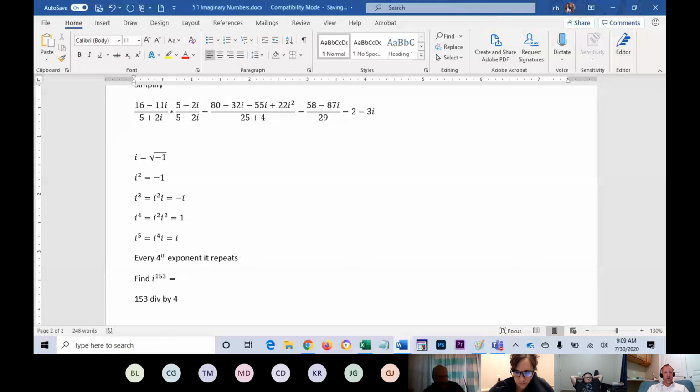In this case, 4 goes into 15 3 times. 4 times 3 is 12. Bring down the 3. So 4 goes into 33 8 times, 4 times 8 is 32. And then I'm going to have a remainder of 1. Does that make sense?